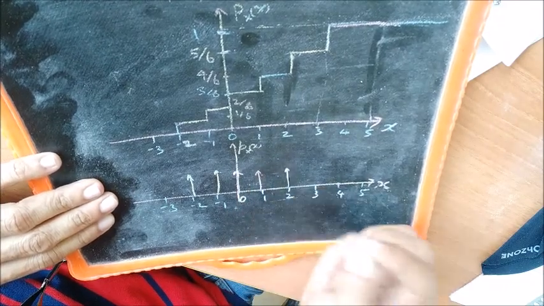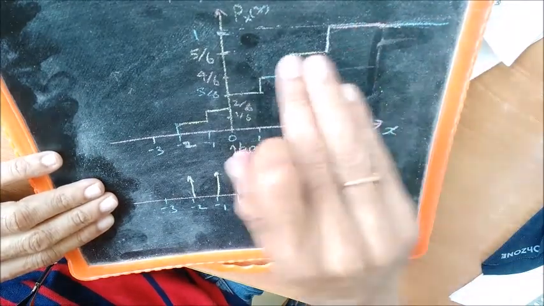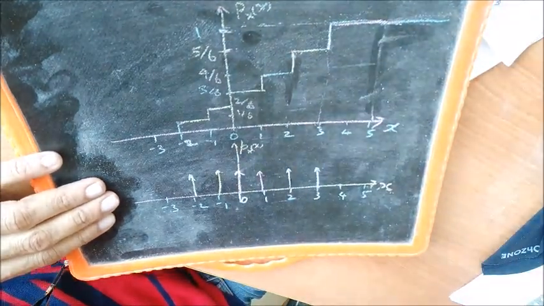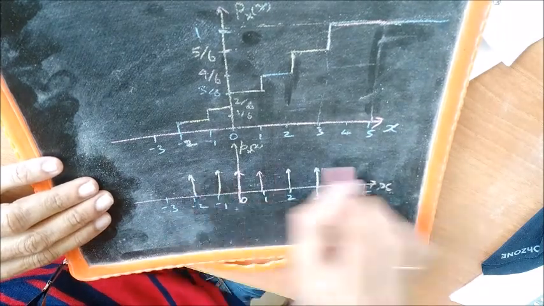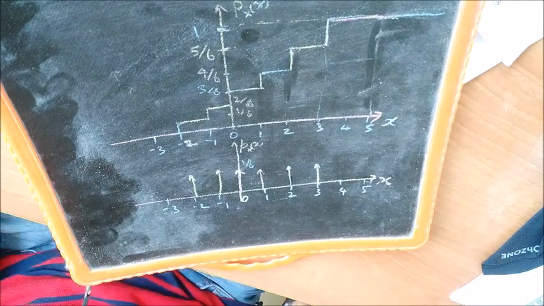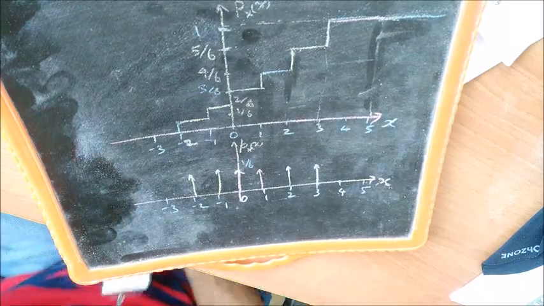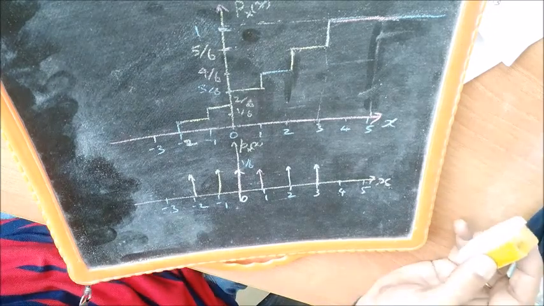And you keep on getting them till 3. Once you cross 3, it's flat. So if you differentiate, you get a 0. And on this side also it's flat. You differentiate, you get a 0. So you get impulses of strength 1 by 6. This is how the probability density function of this random variable is going to look.